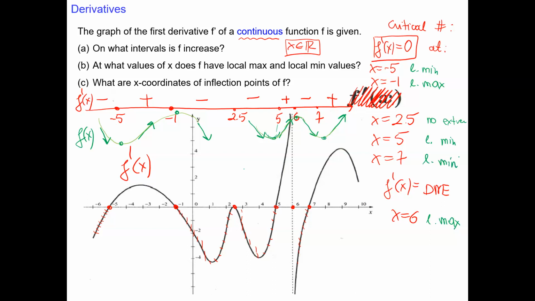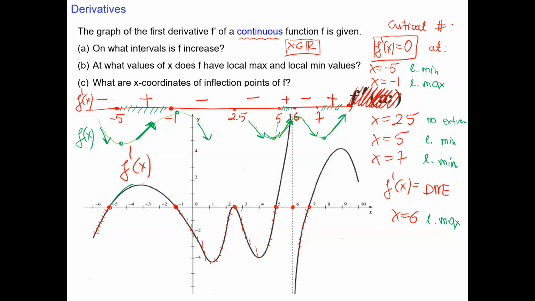Okay? And the intervals of increase, wherever there is the plus: increasing between -5 and -1, and then increasing between 5 and 6, and increasing after 7, from 7 to 10.